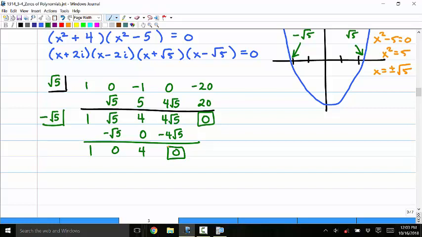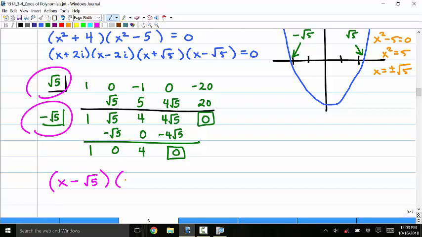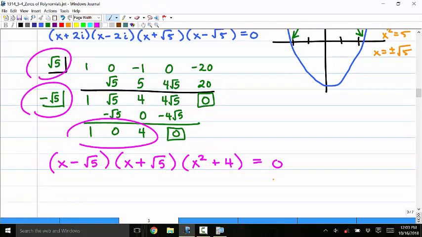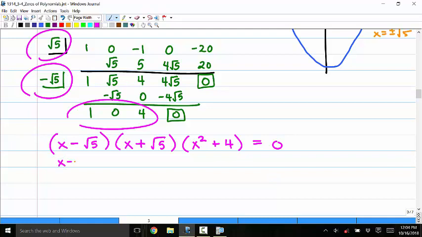Okay, if I were to write the polynomial as a product of linear factors, what do I have so far? I have x minus root 5, x minus a negative root 5, and then what's left down here? x squared plus 4.